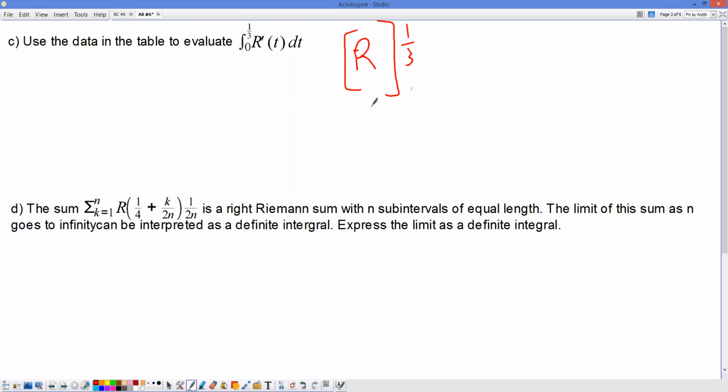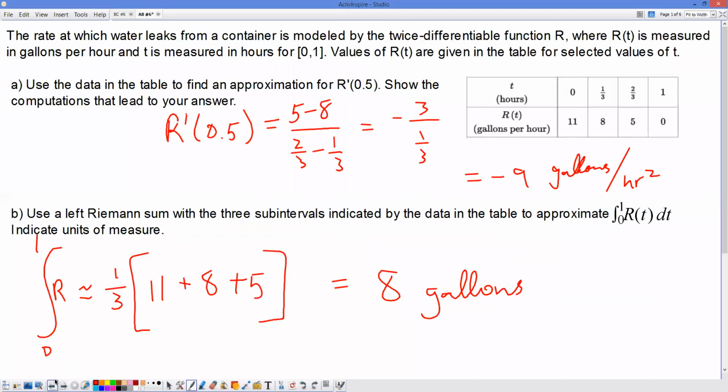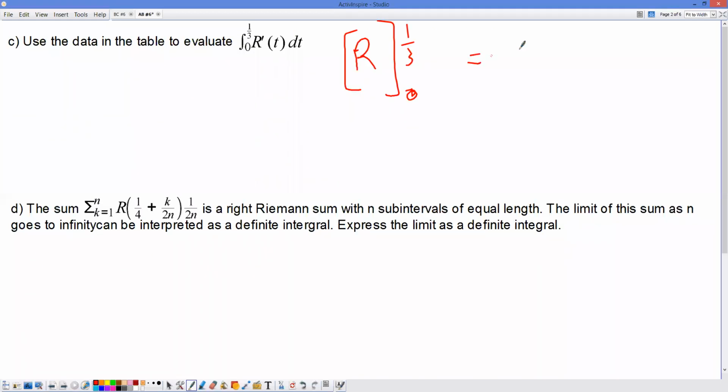And so from our chart, R of 1/3 was 8 and R of 0 was 11. So this should just be 8 minus 11 or -3.